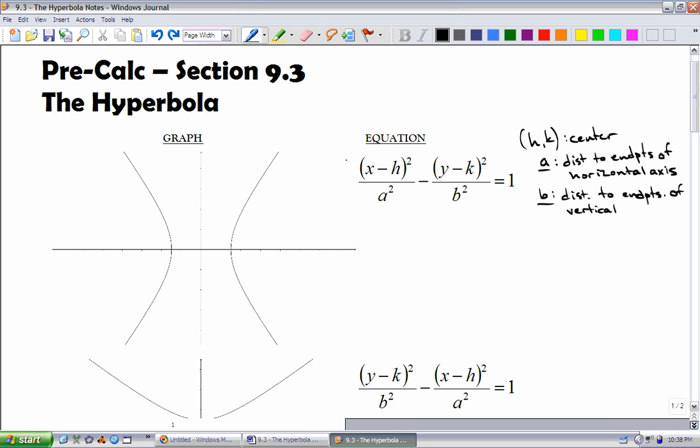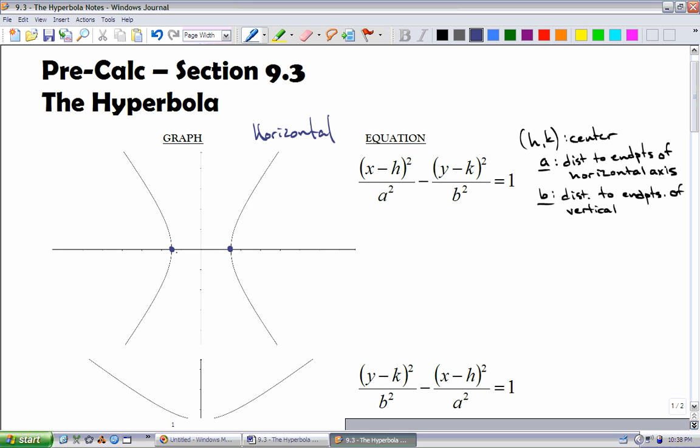Okay? When the x comes first, we have what's called a horizontal hyperbola. Now it's horizontal because if you notice, it's opening side to side.